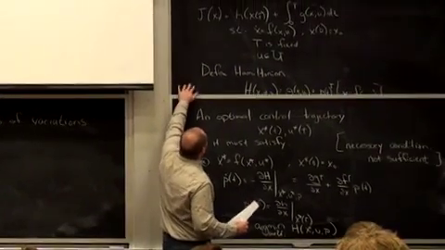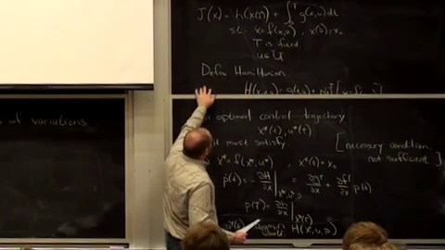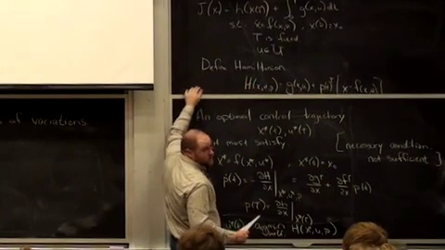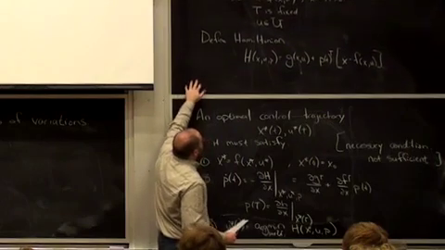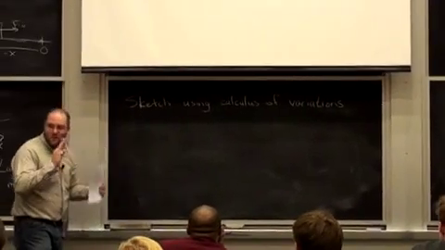This is the problem I'm solving. J of x0 is h of x plus the integral of g, subject to those constraints. So how do I write that in terms of a Lagrange multiplier? I'm going to define a second function, which I won't make the mistake of calling J again here.